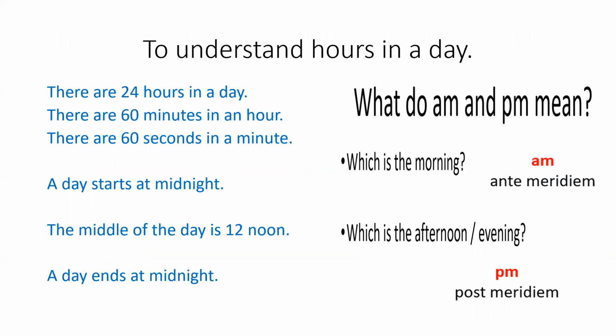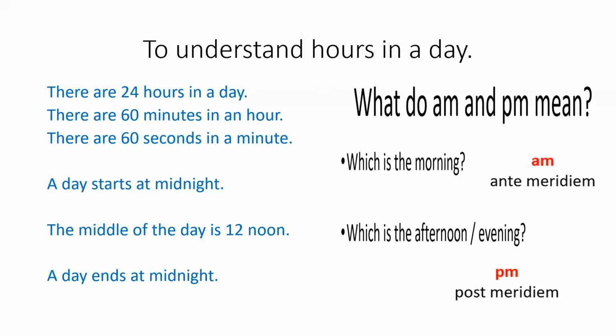So 12 noon is the middle of the day, even though it's not the middle of our day if we don't get up until 6 o'clock or 7 o'clock. Our middle of the day feels a bit later than that. Our day might last from, say, 6, 7 in the morning until about 8 or 9 at night, but the whole day is 24 hours.